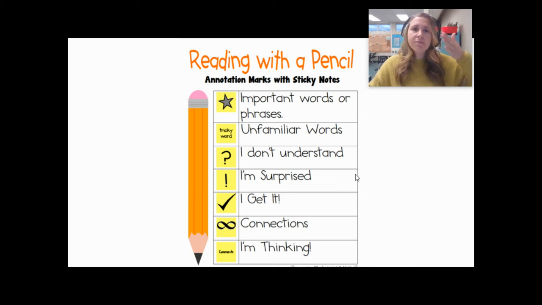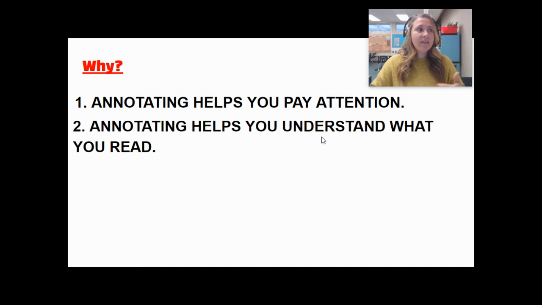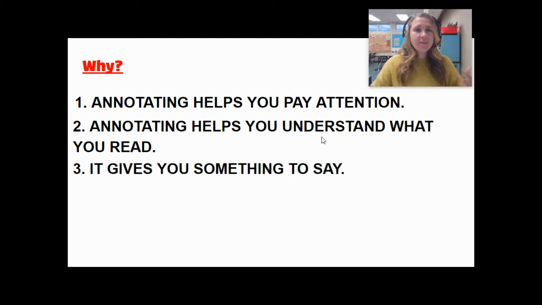Why is making these marks on our paper important? Well, annotating helps us pay attention and engages us in reading, right? And the next reason is that it helps us understand what we're reading while we're reading. Remember the active learning. And it gives us something to say.